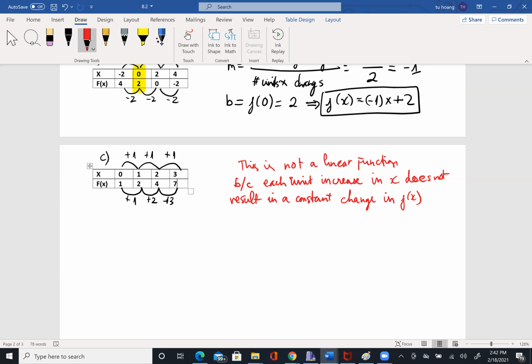So this is not a linear function, and I will just move to the next one.